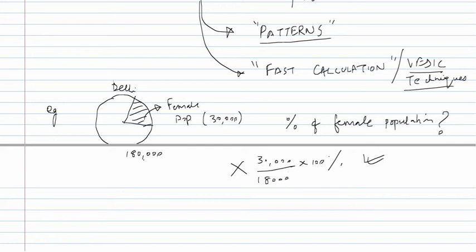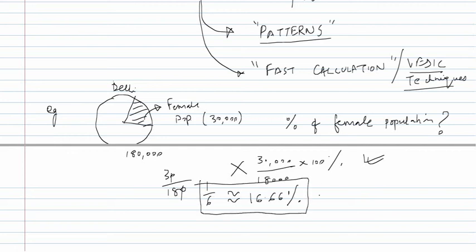So what I'll do is I'll simply go ahead. I know this is 30,000, this is 180,000, so typically this is nothing but 30 upon 180, which is nothing but 1 by 6, which is nothing but 16.66%.